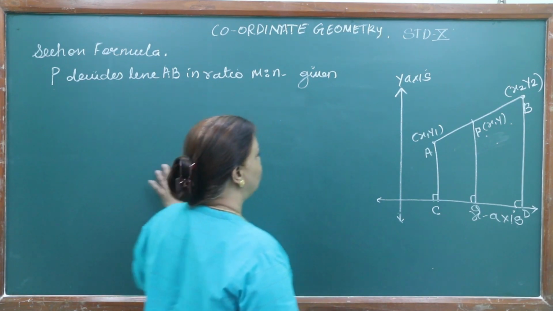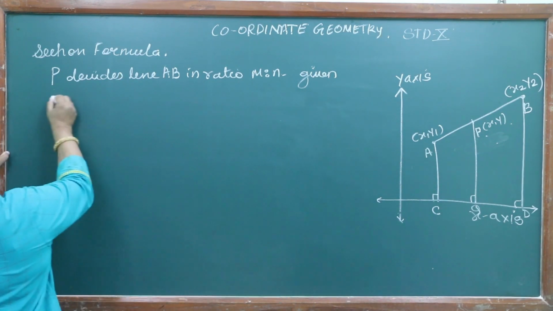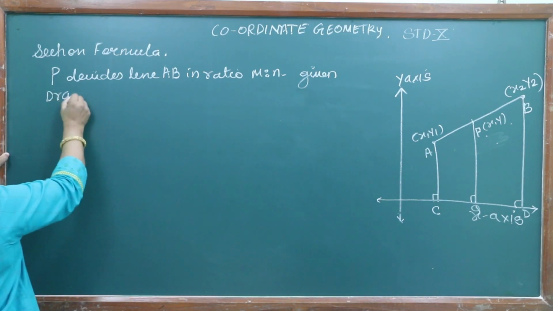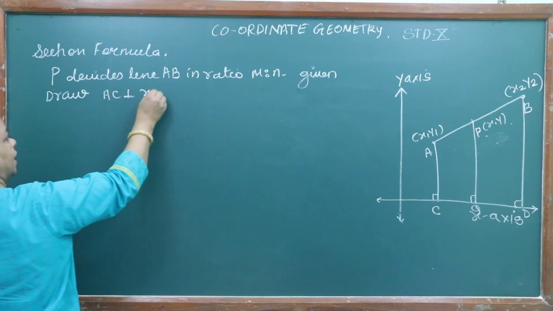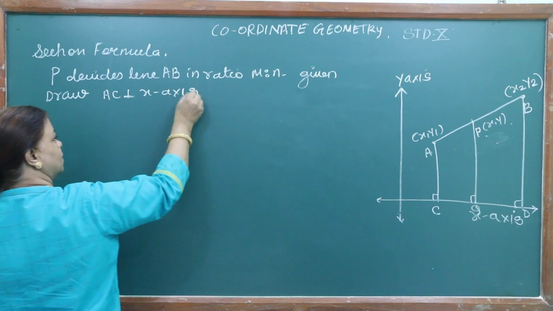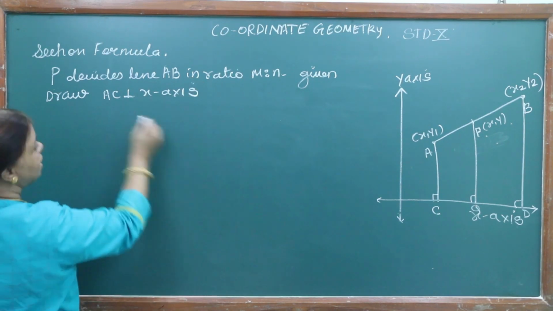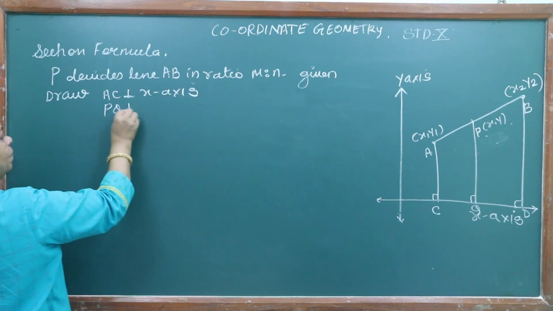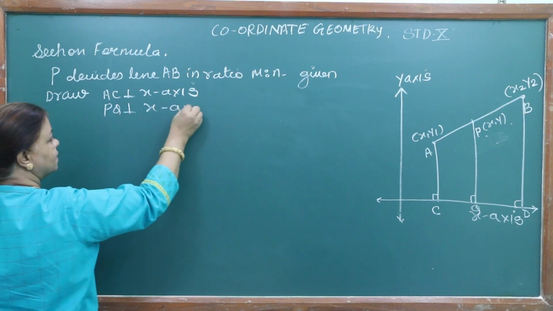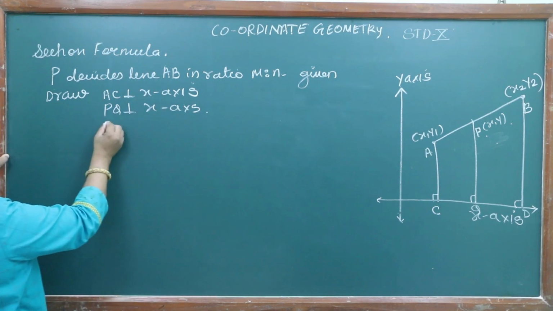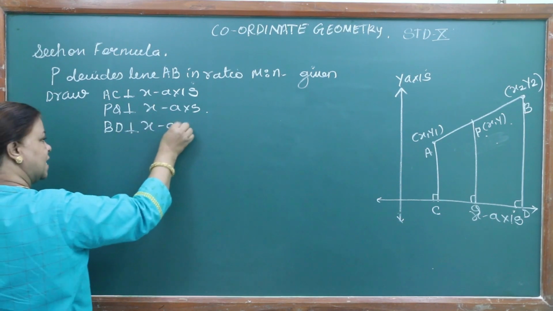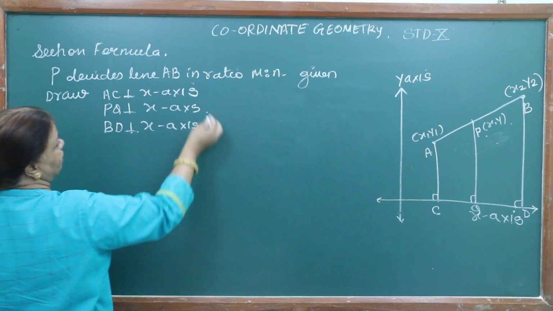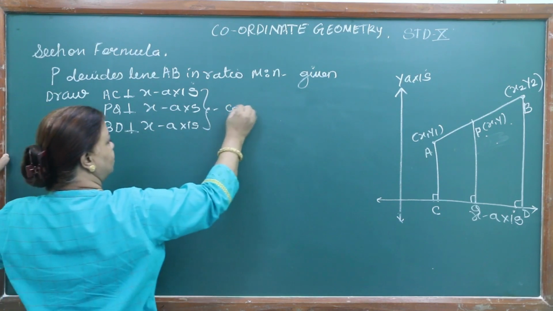So, construction: draw AC perpendicular to the x-axis, then PQ perpendicular to the x-axis, and BD perpendicular to the x-axis.